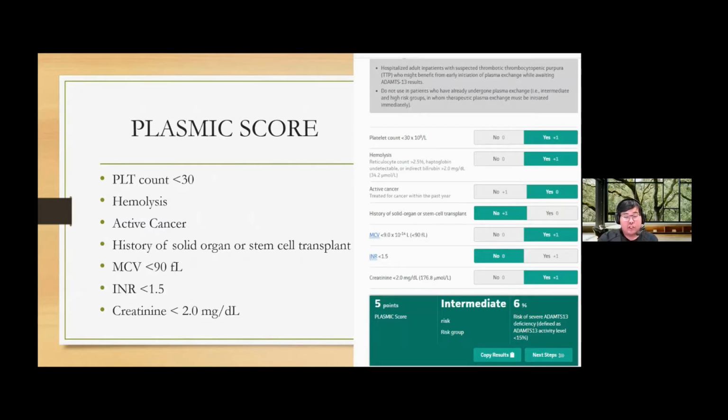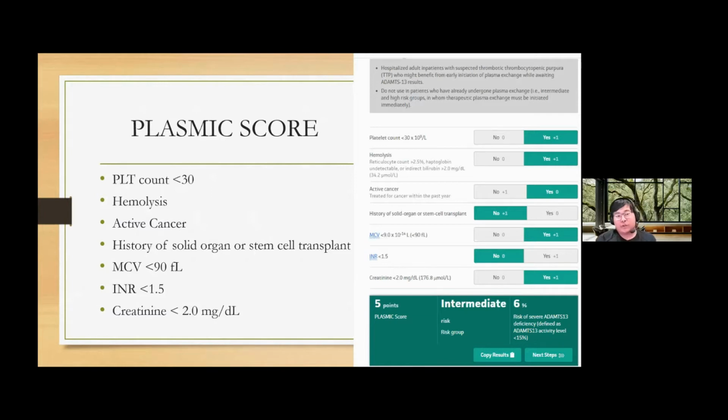These were lab values inputted into MDCalc from her labs. You can see that she had a PLASMIC score of 5, an intermediate risk group, which gives her a 6% risk of severe ADAMTS13 deficiency.